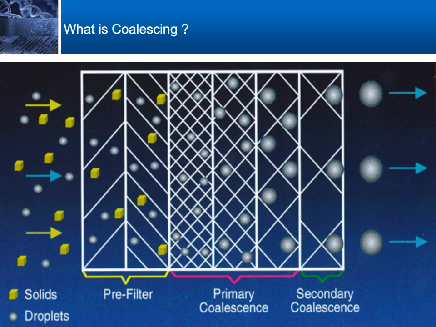We can see the importance as well of dealing with solids in any coalescing stream, and we can see in the matrix of the filtration we have a pre-filter layer, a primary coalescence layer, and then a secondary coalescence layer.